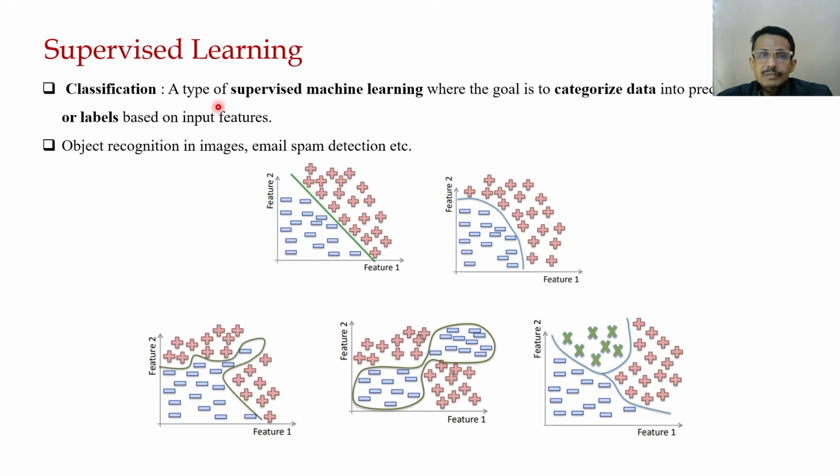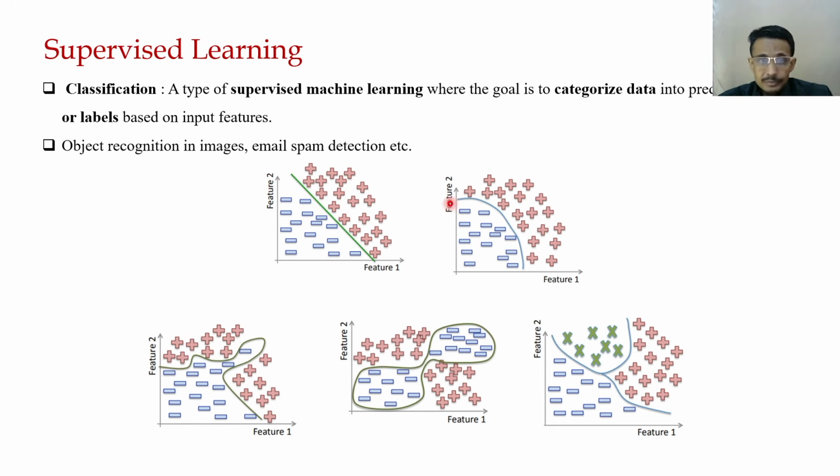Now, what is classification? This is another type of supervised learning, as we said earlier, and it categorizes the data. Given two samples, plus and minus, we have to find a decision boundary or separator, such that for any point that comes, you can say it is either the plus class or the minus class. This separator may be a curve, or even a more complicated curve.